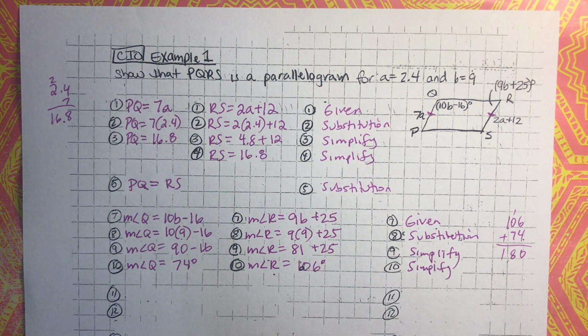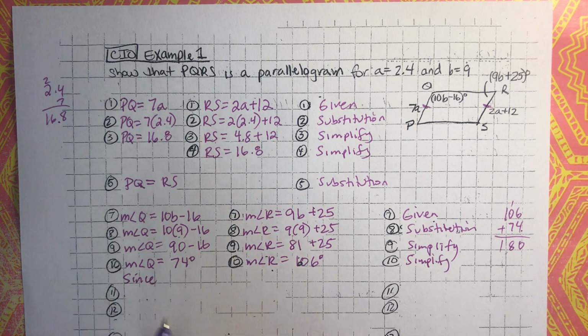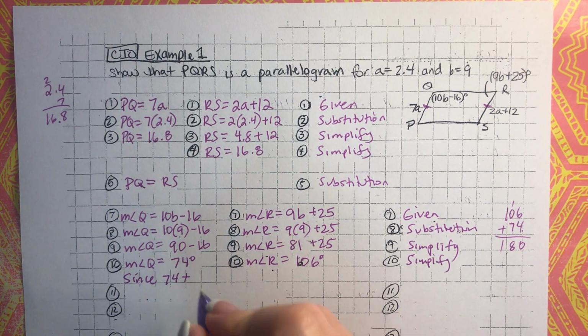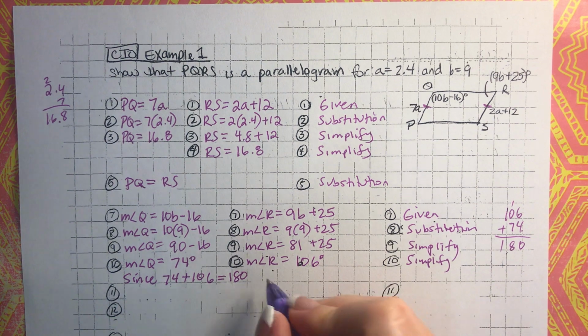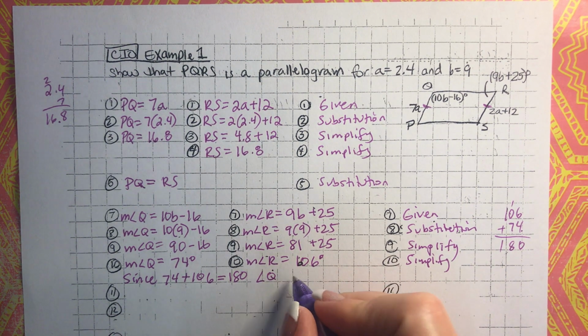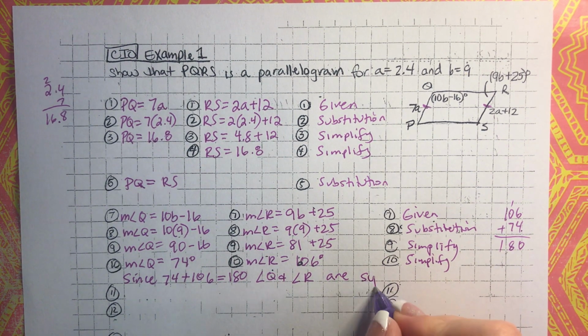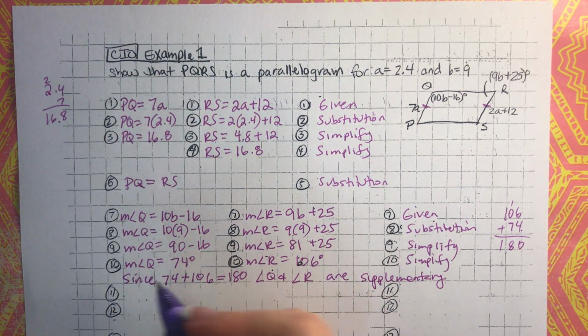So let's think about this. Since 74 plus 106 equals 180, that means that angle Q and angle R are supplementary, right? So that means that what?